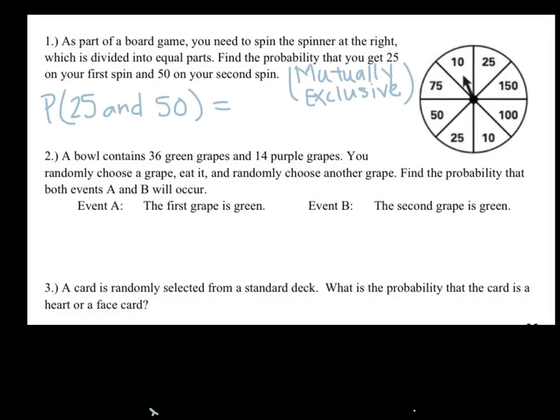The probability of spinning a 25 and then a 50: there are two 25s and one 50, and there are 8 sections. So 2 eighths times 1 eighth gives you 2 sixty-fourths. You could write it as 1 over 32, and it's about 3.1%.